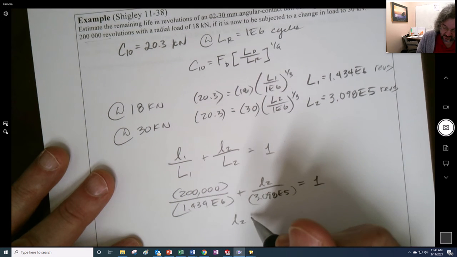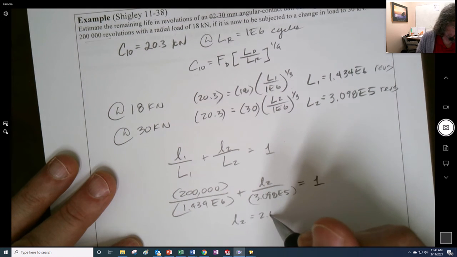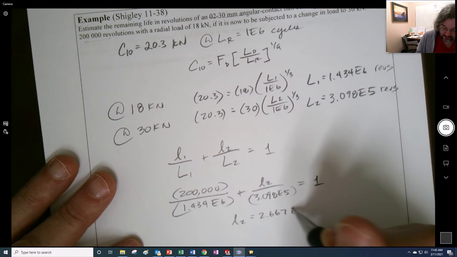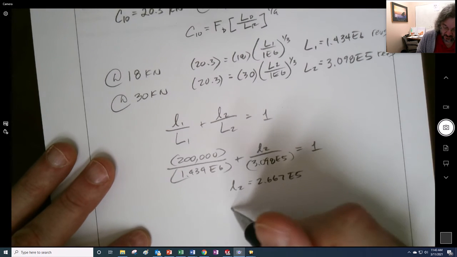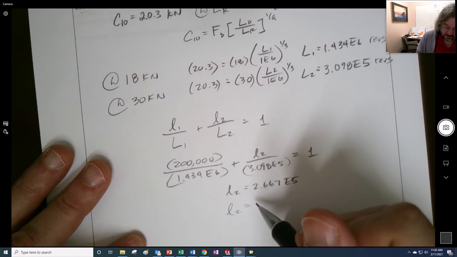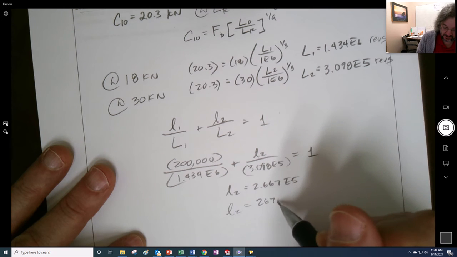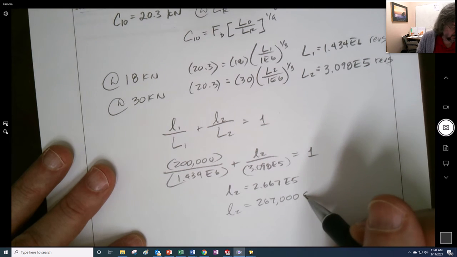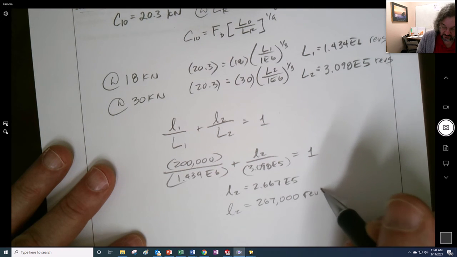And we get little L2 is 2.667 E5, or I might write it out here that we're going to predict the bearing is going to live to 267,000 revs.